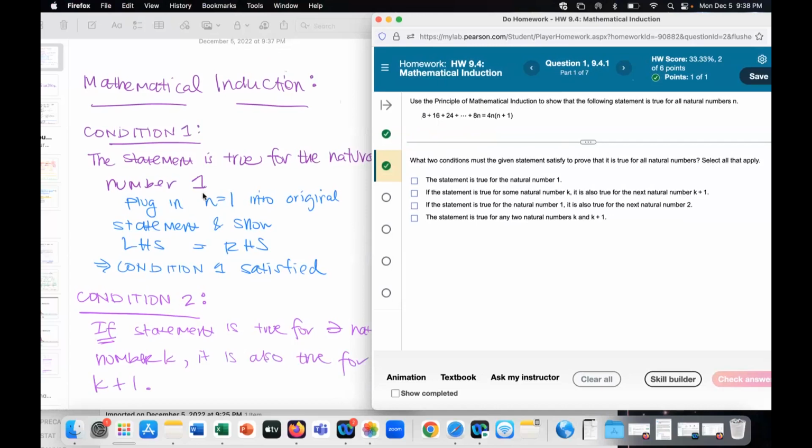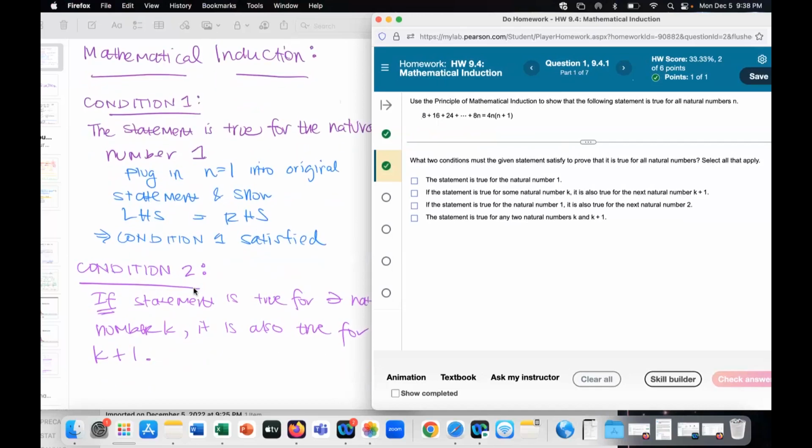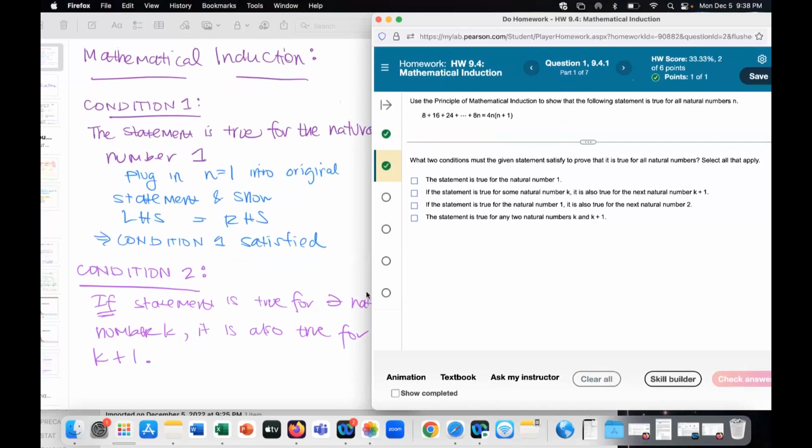And then we're going to use that k statement that we're going to write to show it is true for k plus 1.